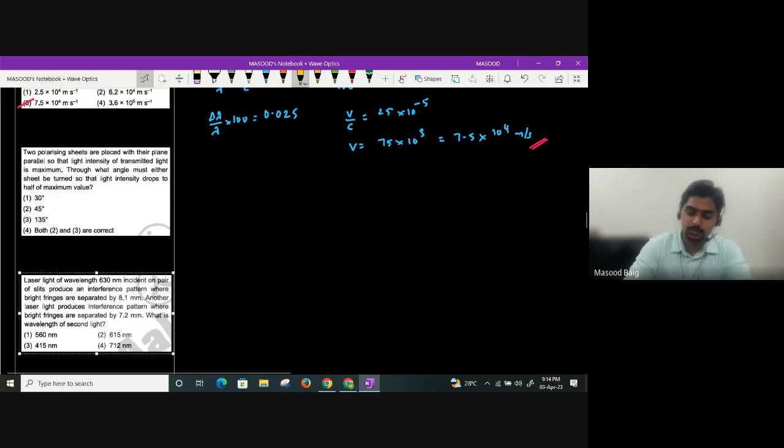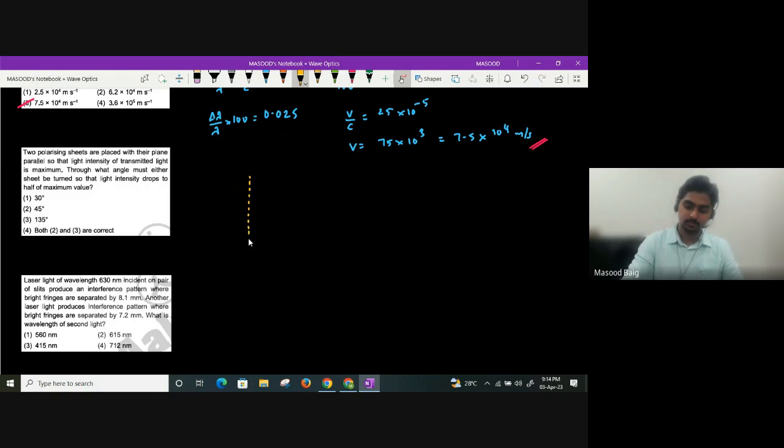Now you see here. Initially, two polarizing sheets are placed with their planes parallel so that light transmitted is maximum. So what is the condition? When will light transmitted be maximum? When this is one transmission axis, if the other transmission axis is together along the same direction, if they are parallel, will I get maximum light or not?